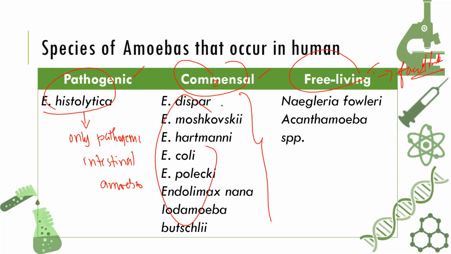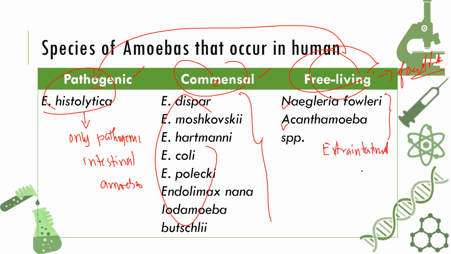Because the rest are commensals. On the other hand, Naegleria fowleri and Acanthamoeba species, even though they are free-living, can also be considered pathogenic amoebas. They are extra-intestinal amoebas, because these amoebas do not invade the intestinal tract.